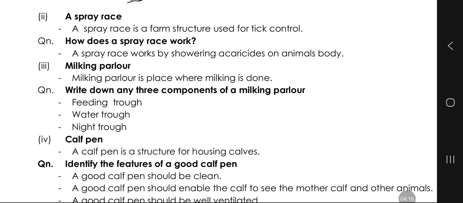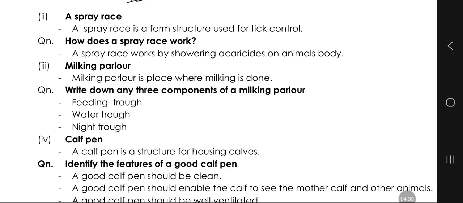They can ask you to give any 3 ways how you can maintain the milking parlor in good working condition. You have to clean it. You also disinfect it. Disinfection means you use chemicals to kill the germs. Write down any 3 components of a milking parlor: a feeding trough, a water trough, and a night trough.